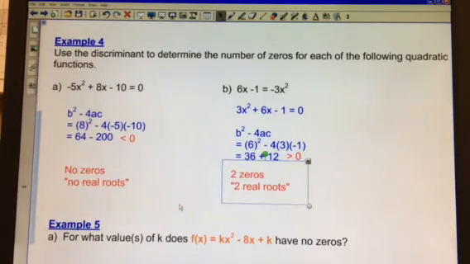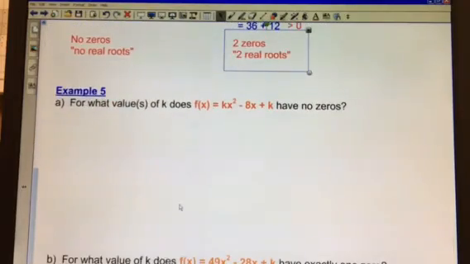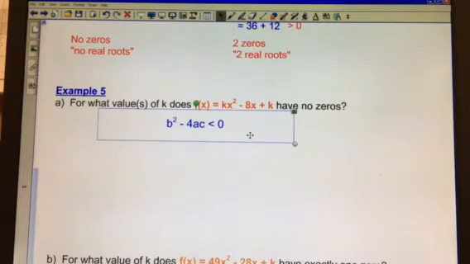We will look at another application of the discriminant. If a function is kx squared minus 8x plus k, and we want to find out when this quadratic function will have no zeros with the k values, we can just rely on this relation where b squared minus 4ac is less than 0.